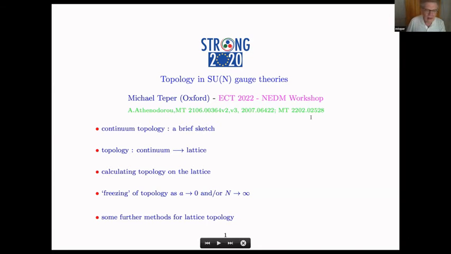I was not quite sure what to cover because topology is a very large subject, and there are areas that I have completely missed in this talk. Fortunately, some of them have been covered in yesterday's talk. So, for example, I am not saying anything about finite temperature, non-zero temperature, but Massimo covered that in a very interesting way in his talk.